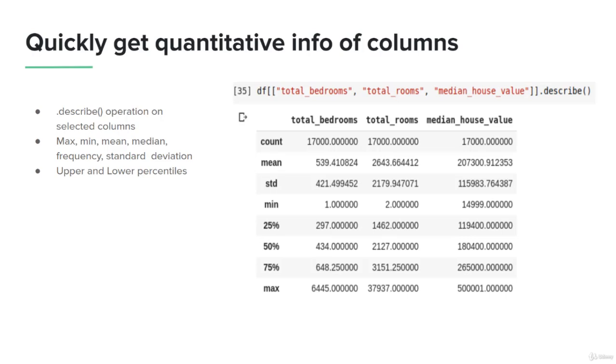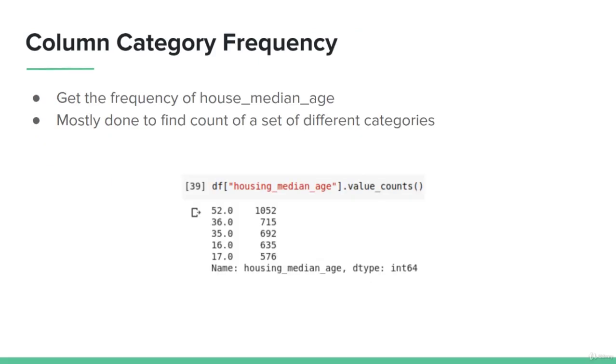So what if you want to calculate the frequency of individual values, like we saw in the histogram? We wanted to extract information of the frequency of each value. For that, we will use the value counts operation.